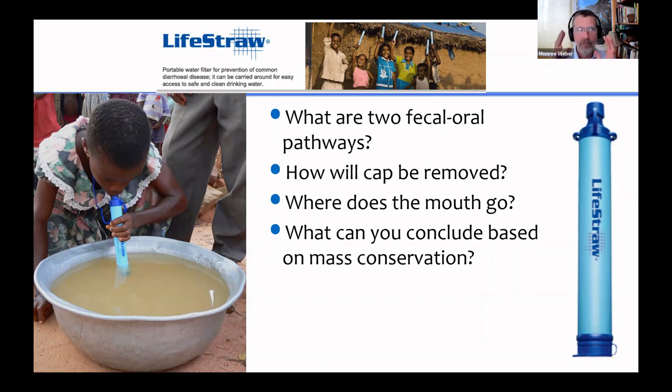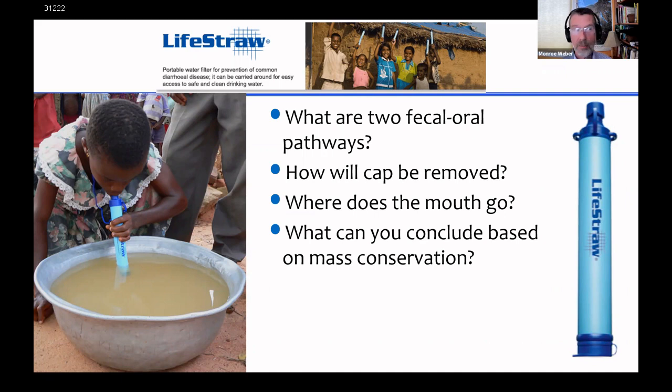Think about an individual who's somewhere where there is no safe water anywhere. The only water available is contaminated water. What are they going to do? How are they going to use this device? And what do you see as potential pathways for still getting sick, even though you're drinking water that was absolutely safe?